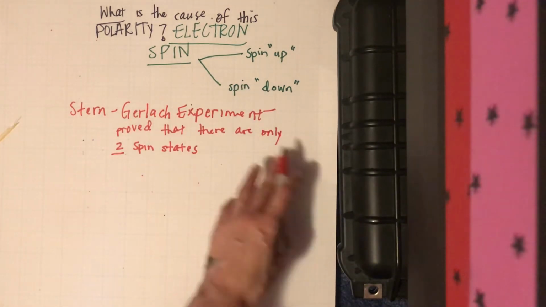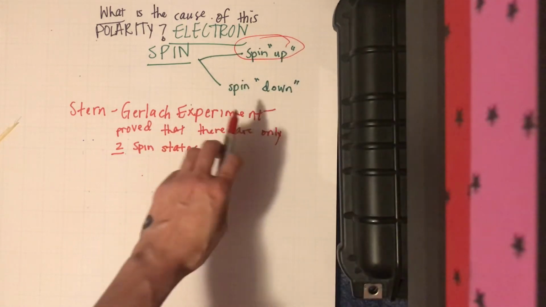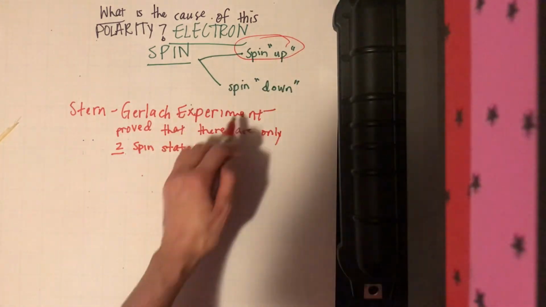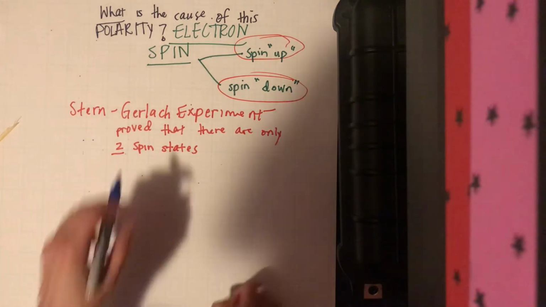The way that I want you to think about these spin states before I talk about the experiment is you can think of up and down as being the difference between something rotating clockwise versus counterclockwise. Okay.